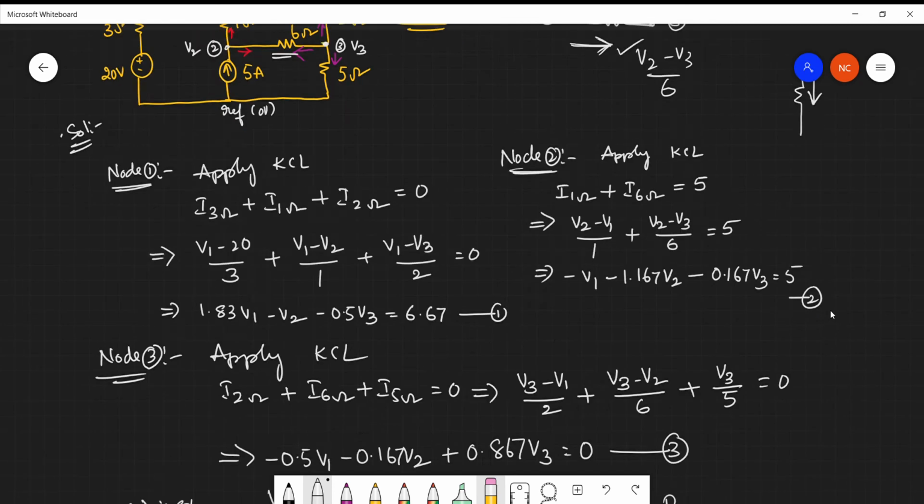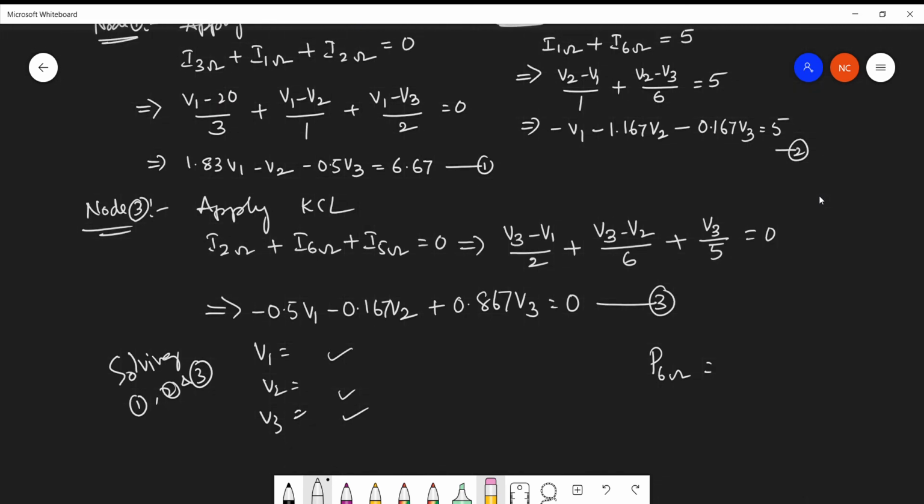This is (V2 minus V3) by 6, the current through the 6 ohm resistor.